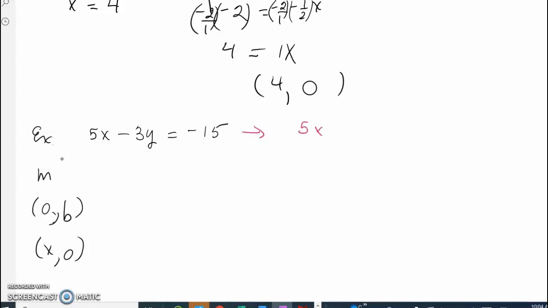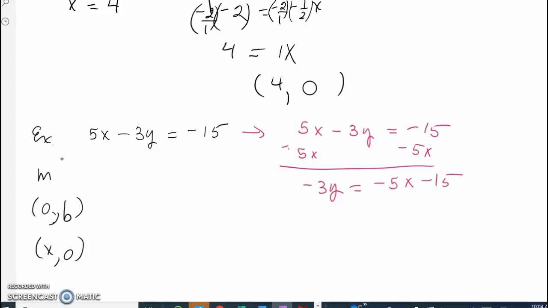So let me rewrite the problem: 5x minus 3y equals negative 15. Subtract 5x from both sides. My suggestion is right away, put the x term first, carry the sign with it: negative 5x, negative 15. Now we need to divide by negative 3.